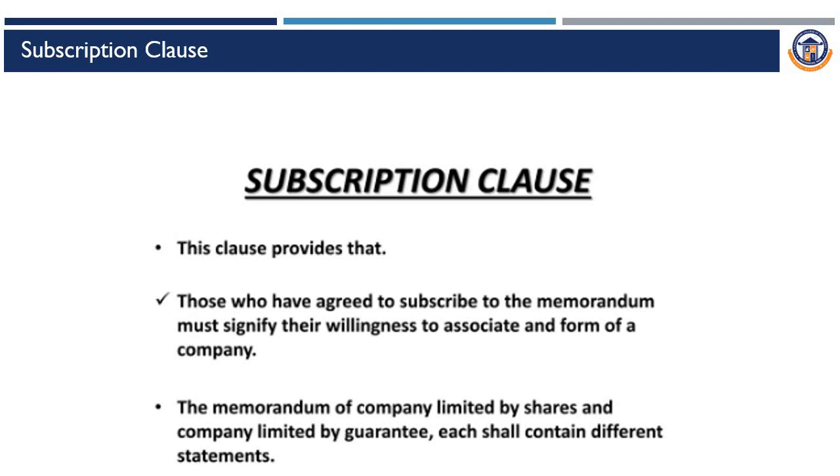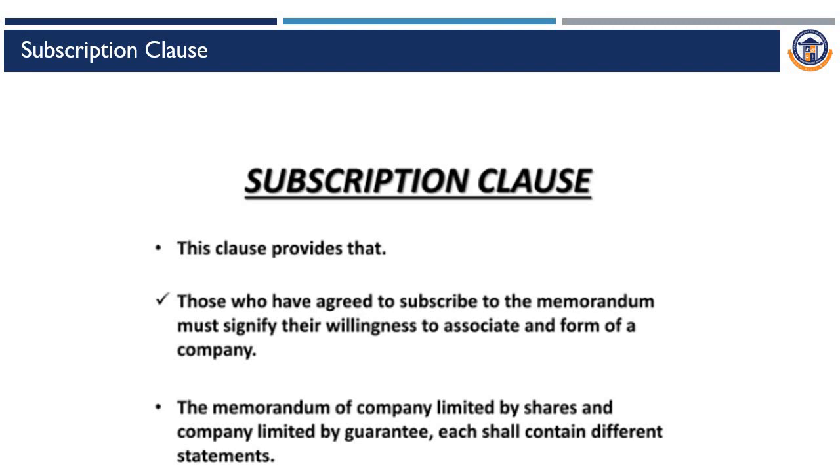Then the next clause is the subscription clause. This clause provides that those who have agreed to subscribe to the memorandum must signify their willingness to associate and form a company. So if you agree to subscribe to the memorandum, you should express your willingness to be part of the company.